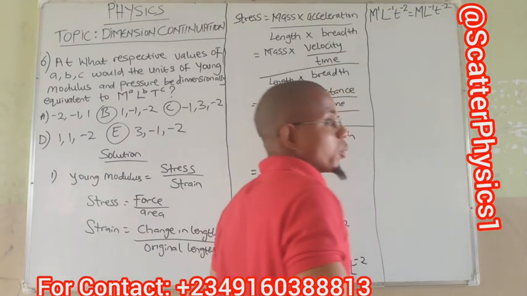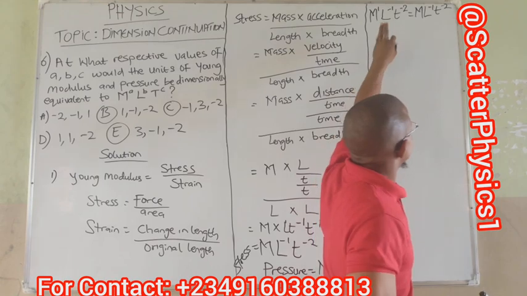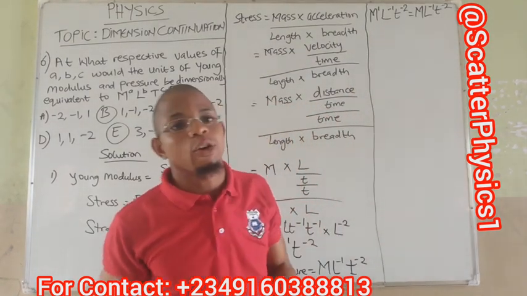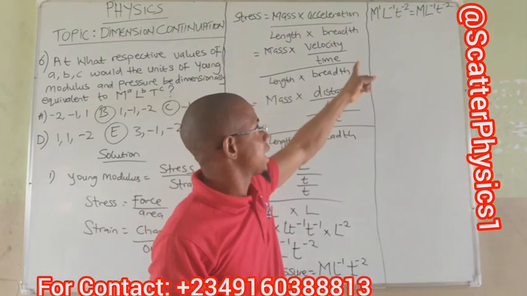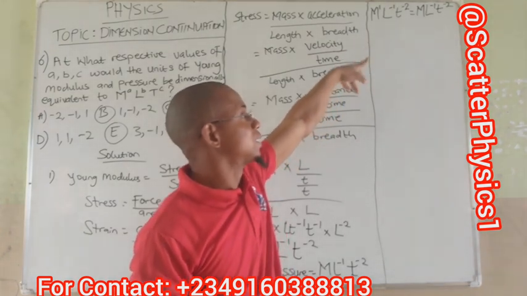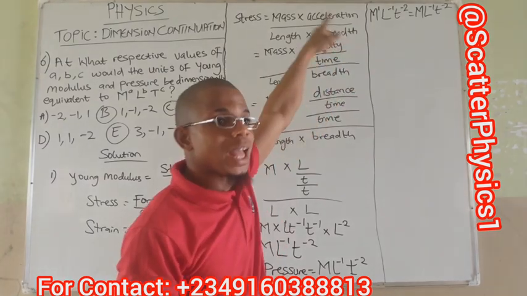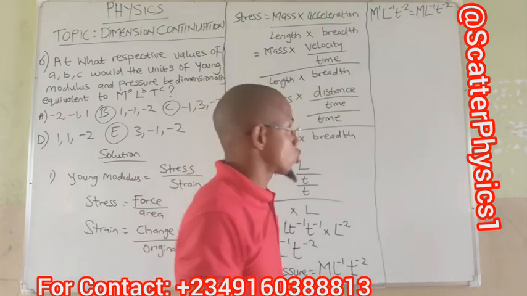Remember that anything raised to power 1 is the number itself. Like M raised to power 1 is M. So this is M L raised to power minus 1 and T raised to power minus 2.